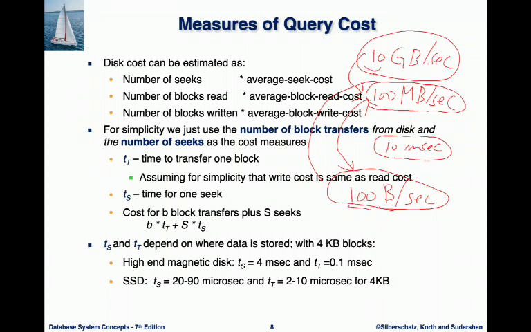So when you are estimating the cost, you will focus on two important operations on the disk. Block transfers: how many blocks are we going to read or update? And how many disk seeks are we going to have? In general, we will have some parameter values, like 1 disk seek will take about 4 milliseconds, or as I roughly mentioned, 10 milliseconds.